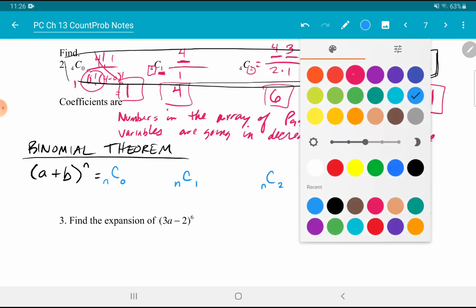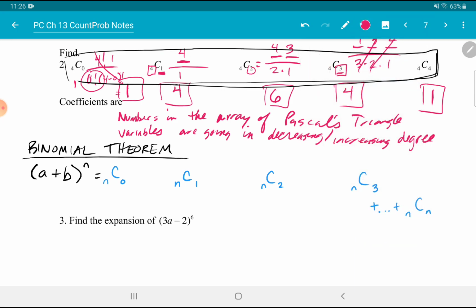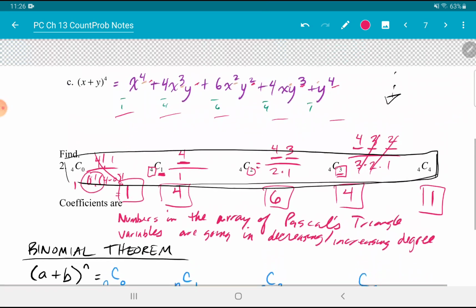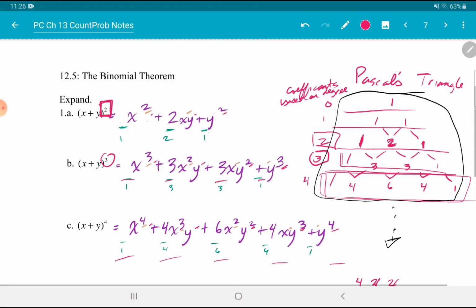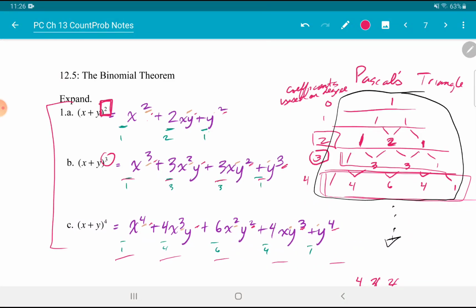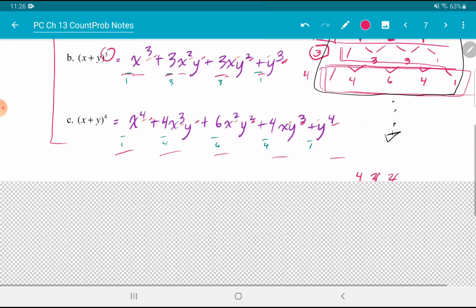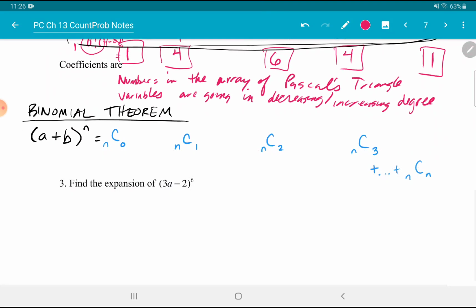And then what we also want to do is consider the first variable. If you notice back up above, when we looked at the binomials being multiplied over and over again, you always had the first variable, which is the first term in that binomial. You'll see x, x, and what did those x's do? They always went in decreasing order. So if our first term is a, we're going to take that a to the power of n.